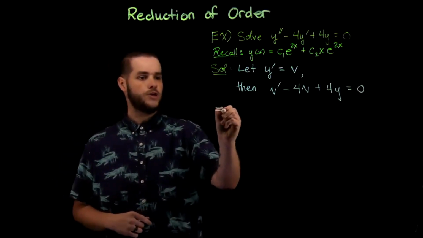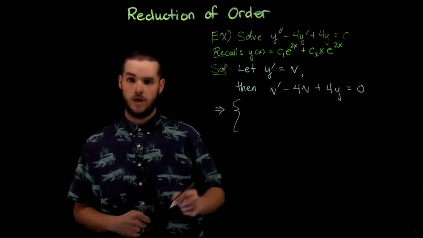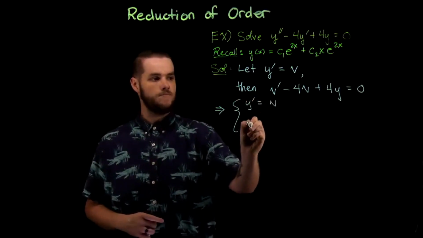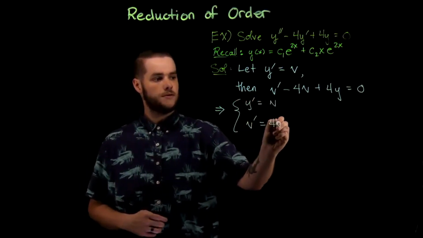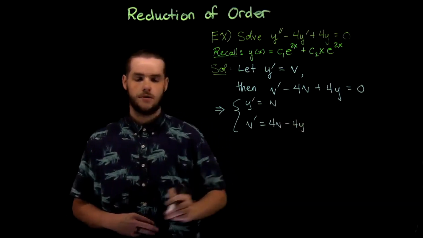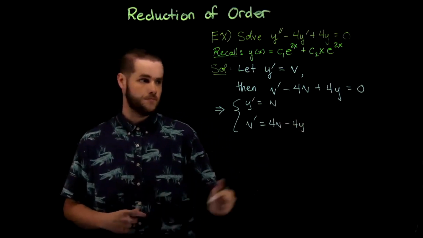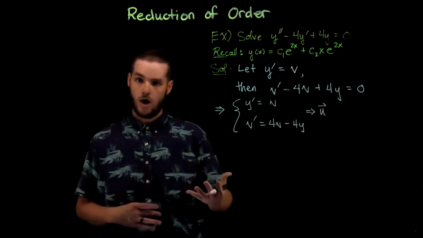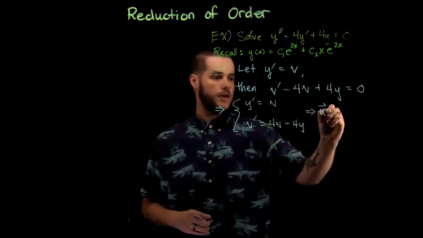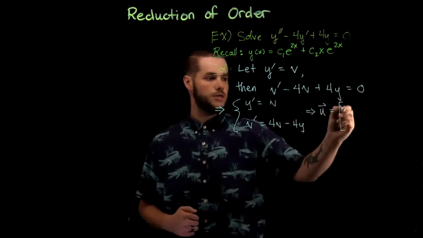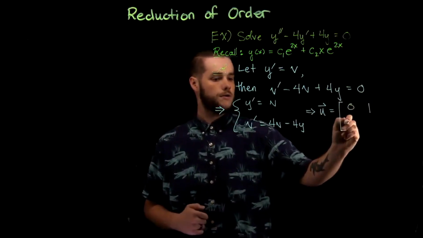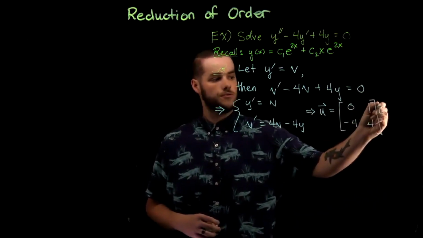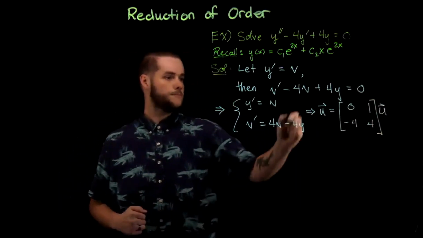So I can rewrite this as the system of equations that y prime equals v and v prime equals 4v minus 4y. Or in matrix form, if I call u the vector y comma v, then I can write this as the matrix 0, 1, negative 4, 4 times u prime.